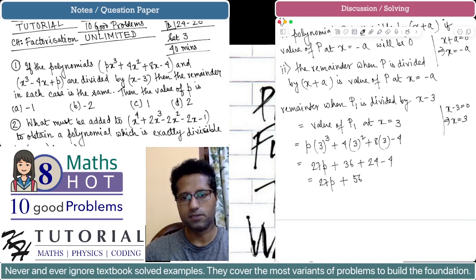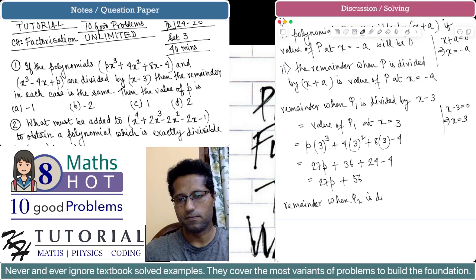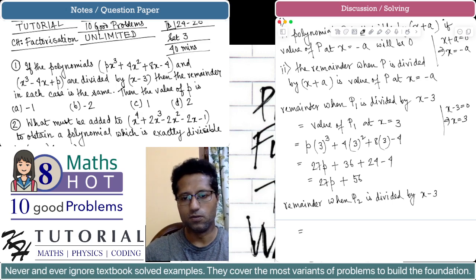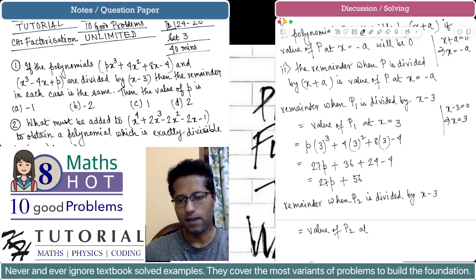Similarly, we can say the remainder when the second polynomial, that is p2, is divided by x minus 3 is equal to the value of the second polynomial at x equals 3.